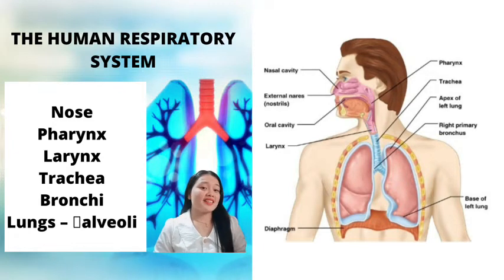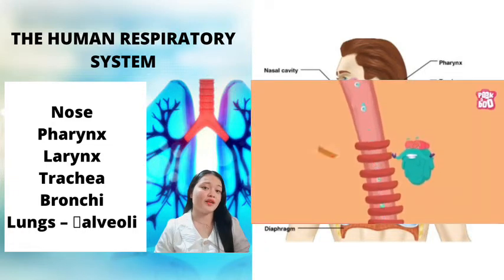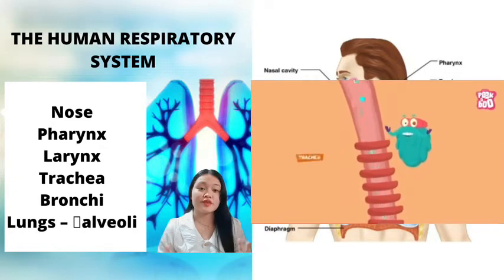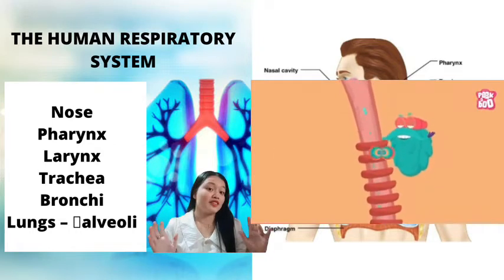Next is the larynx. It is a hollow tube that connects your throat or pharynx to the rest of your respiratory system. It helps you swallow safely and contains the vocal cords, so it's often called the voice box. Next is the trachea. It is a long tube that connects your larynx or voice box to your bronchi. Next are the bronchi. What are the bronchi?